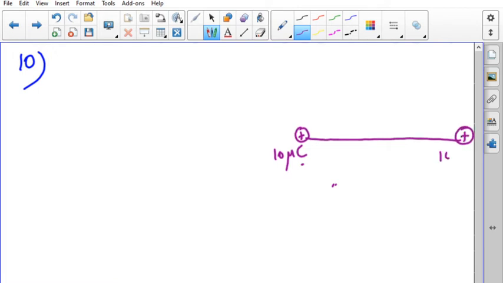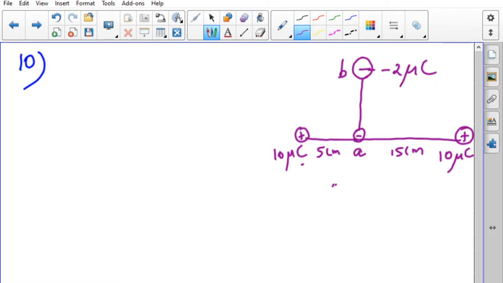Its value is also 10 microcoulomb, and at this point a negative charge is there. Take this point as A, 5 centimeter, 15 centimeter. Let us move to this position B, and its magnitude is minus 2 microcoulomb, 5 centimeter.